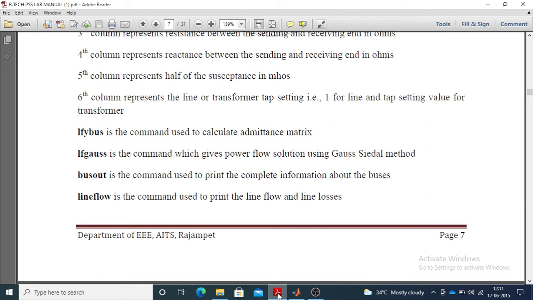Line flow and line losses are also obtained at the end, and to print them we use another command called lineflow. So these are the four commands and two matrices to be declared for doing the program.